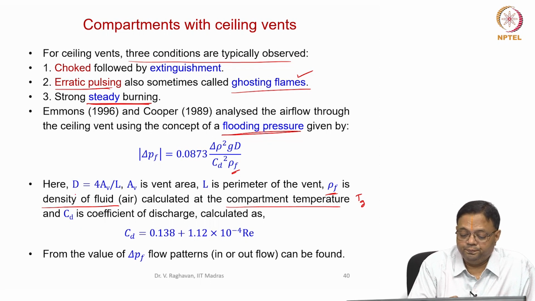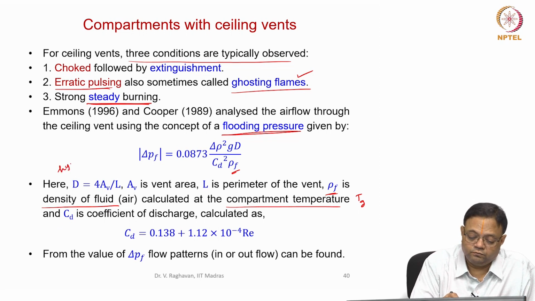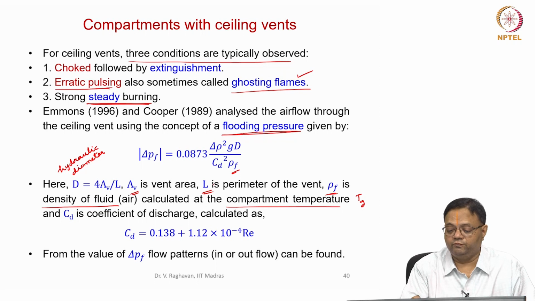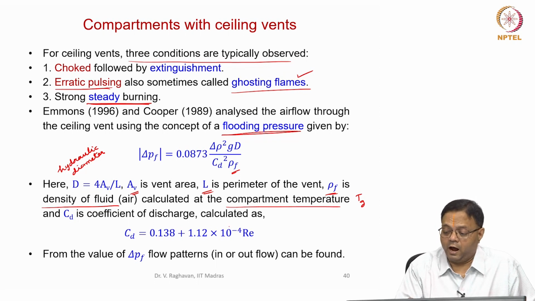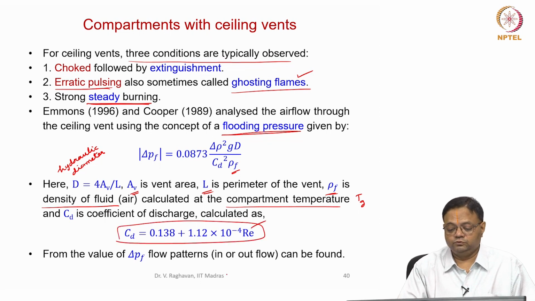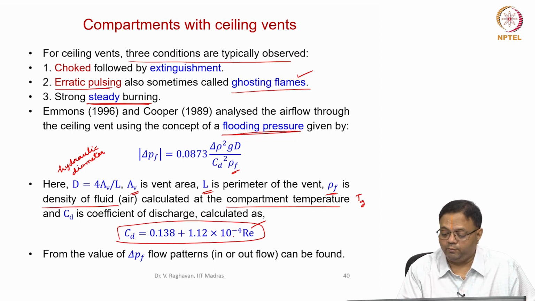Then D basically is 4A_V by L, like a hydraulic diameter, where L is the perimeter and A_V is the vent area. So 4A by P like that. And we can see that C_D is calculated as a function of Reynolds number: 0.138 plus 1.12 times 10 to the power minus 4 Re.